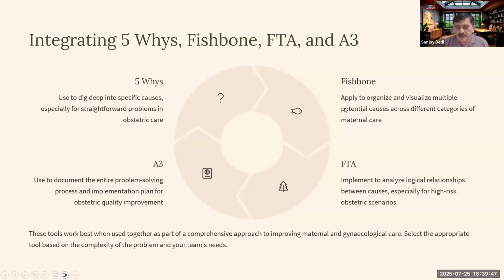The fishbone technique is applied to organize and visualize multiple potential causes across different categories, and the fault tree analysis helps to analyze the logical relationships amongst different causes, and all these tools, when combined, help in achieving better maternal and gynecological care.